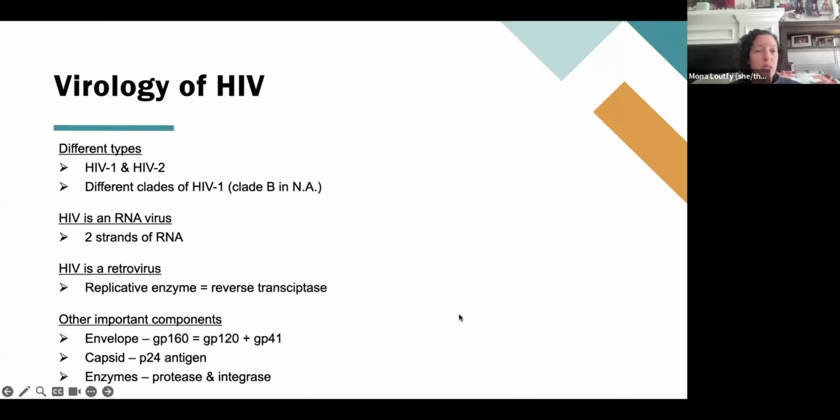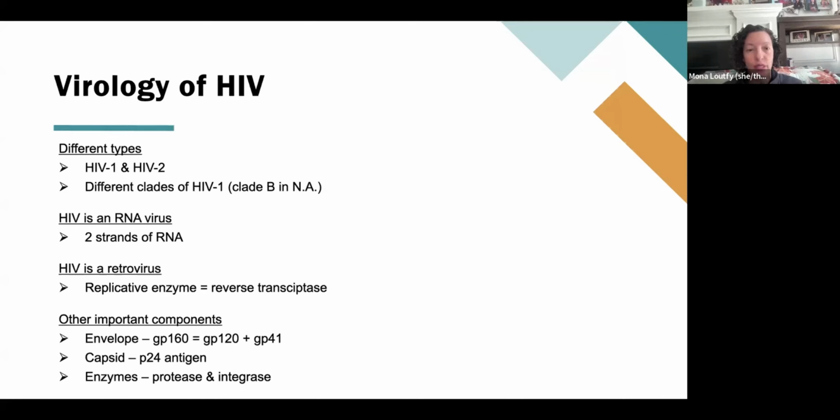So in terms of the virology of HIV, I think you might not know this, but there's actually two different types of HIV virus. I don't know if you know that. That's so cool in my mind. The one that we mostly talk about and do health research related to is HIV-1.